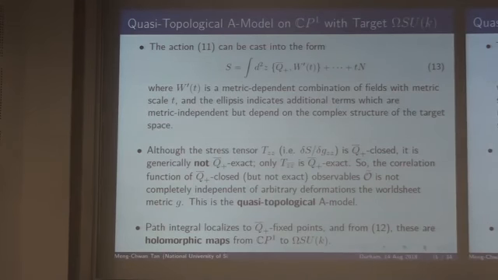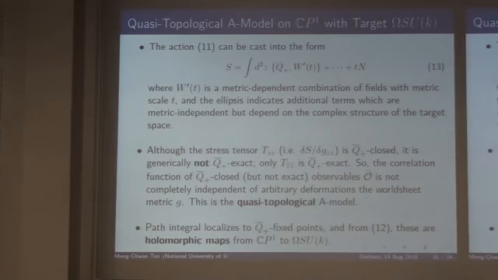The ellipsis here indicates additional terms which are metric independent. They just depend on the complex structure, which means the metric is buried somewhere inside, but not explicitly. And then the T n came from the pullback of the omega, if you remember. Why there's a T here is because the pullback involves also the metric of the target space, which you multiply by T.